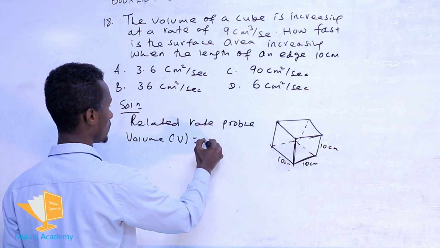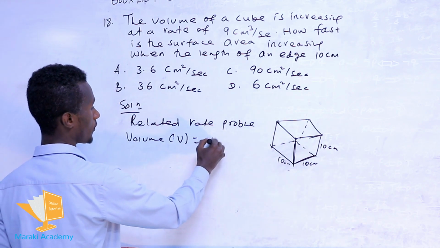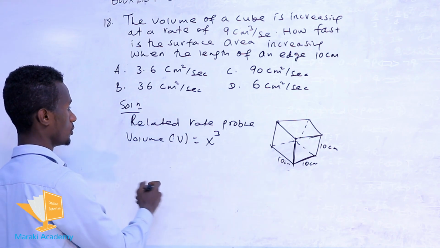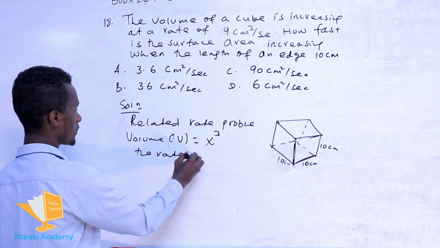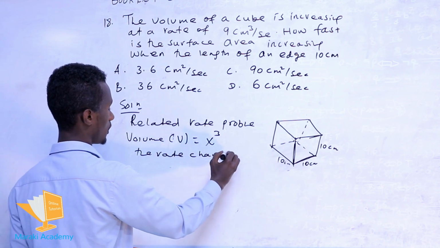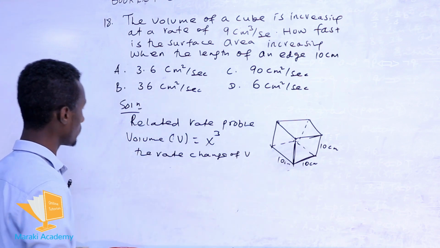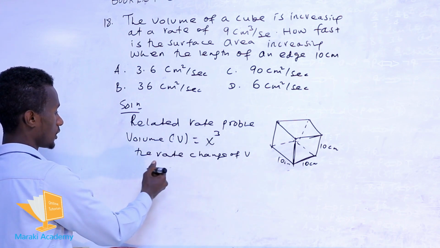Since they are all the same, the volume of the cube is x cubed. So what is the rate of change of the volume V? The rate of change of the volume V is the first derivative of the given function.